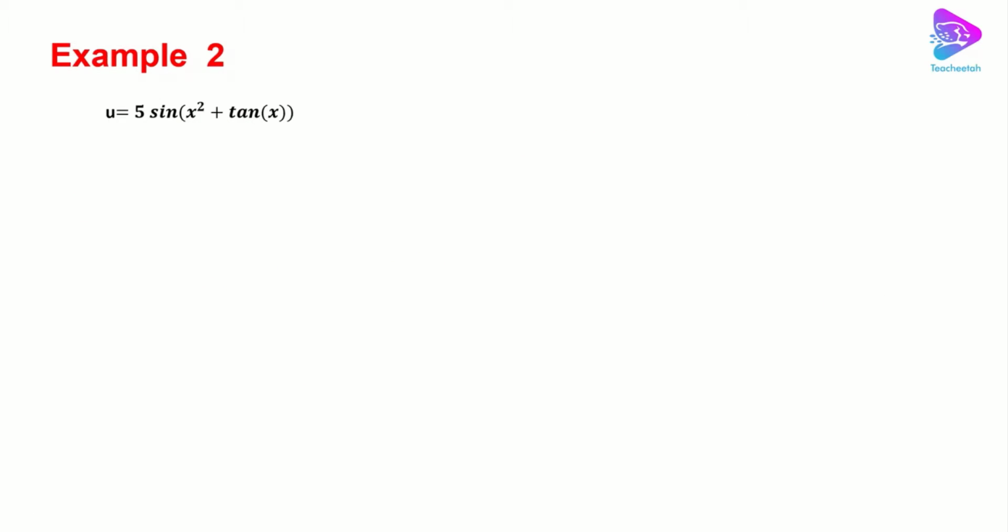For this example, as you can see here, we have a constant number times a trigonometric function, and basically this sine function here is going to be the outside function for us, and the other thing that we have is x squared plus tan x, which is going to be the inside function for us.